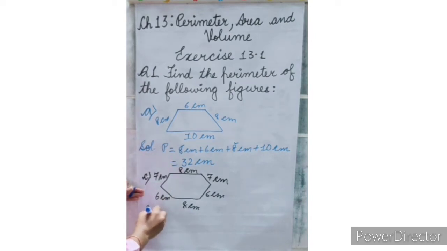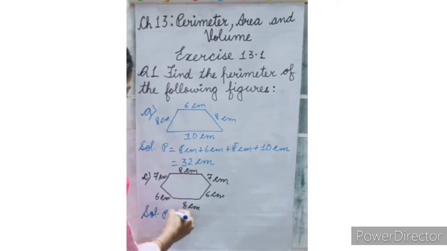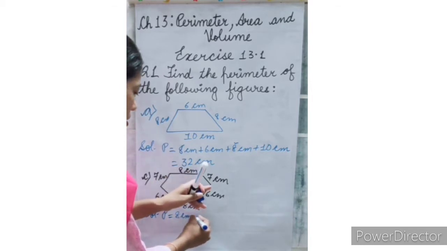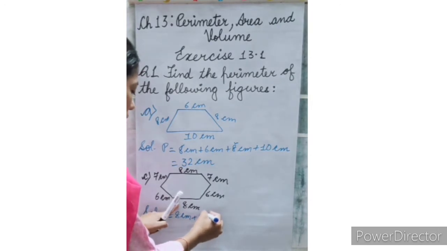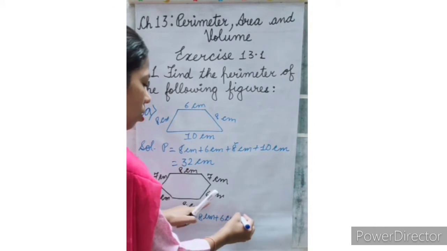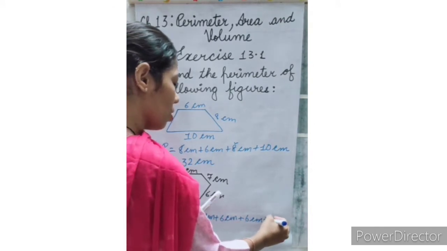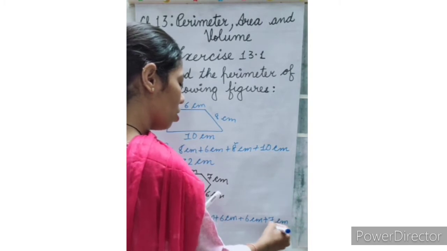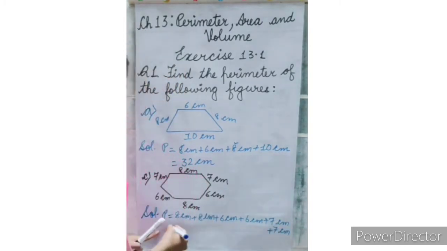For finding perimeter, we will add the measure of each side. 8 centimeter plus, see, 2 times 8 is there, so I am writing 8 here. Then 6 centimeter plus 6 centimeter plus 7 centimeter plus 7 centimeter.